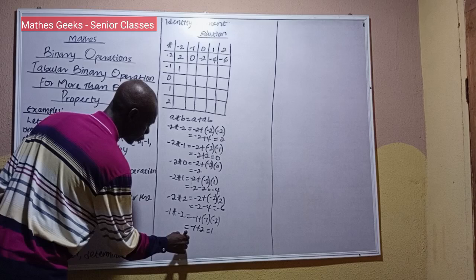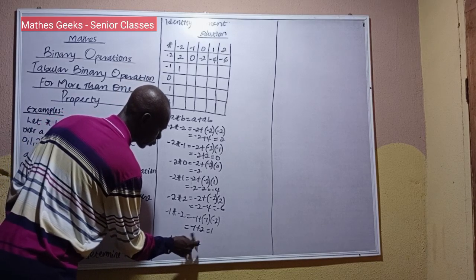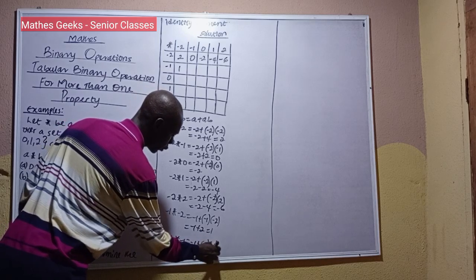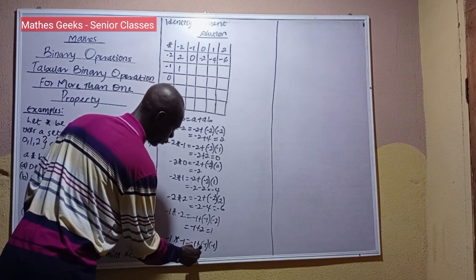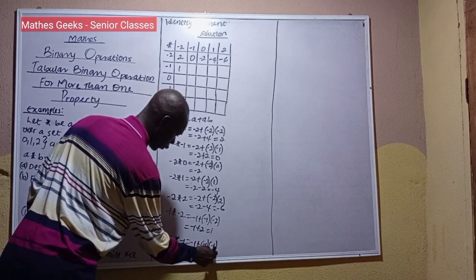Then -1 operation -1: -1 plus -1, plus -1 times -1 will give us +1, equal to -1.